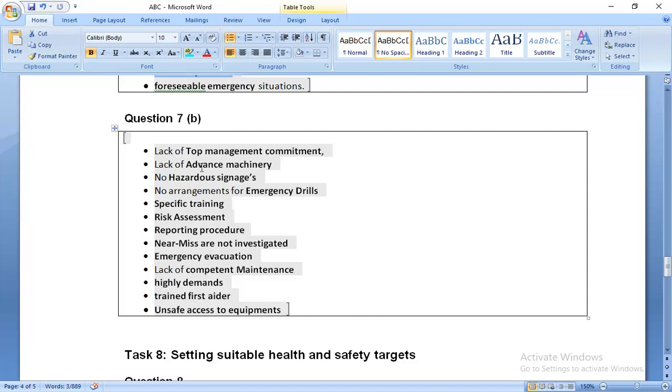Lack of top management commitment, lack of advanced machinery, no hazardous signages, emergency drills, specific training, risk assessment, reporting procedure, near misses not investigated, lack of maintenance, high demands, trained first aider, unsafe access to equipment. So these are some key points that led to the failure in the emergency arrangements for the accident.